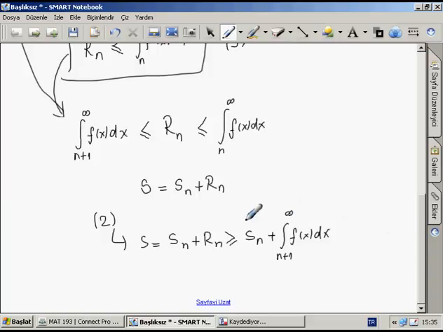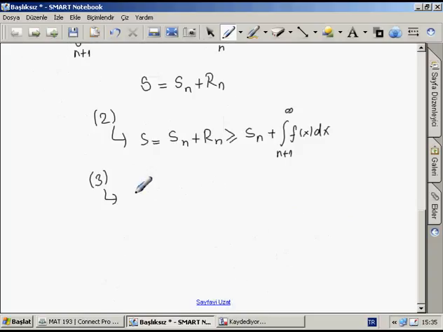If we use the third inequality, this will be less than or equal to the integral from n to infinity of f of x dx.